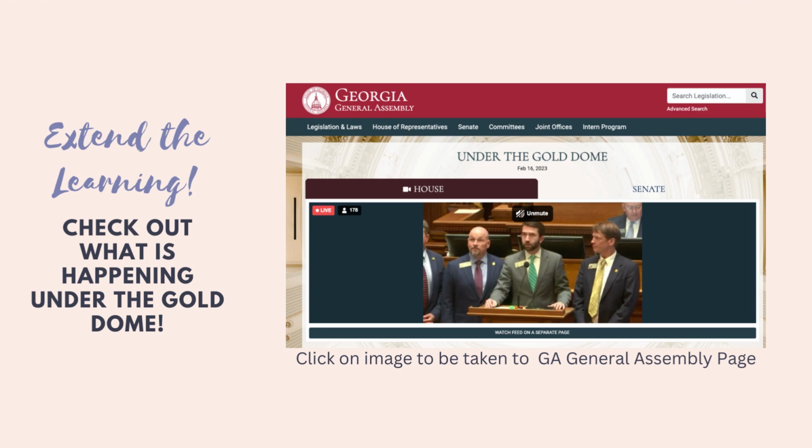So if you make those deliberate connections between here is what we've learned about in history, but what is the Georgia General Assembly? What is the responsibility of those members? What are the qualifications to do that? What does it take to be removed? And then that really gets into a deeper historical conversation.